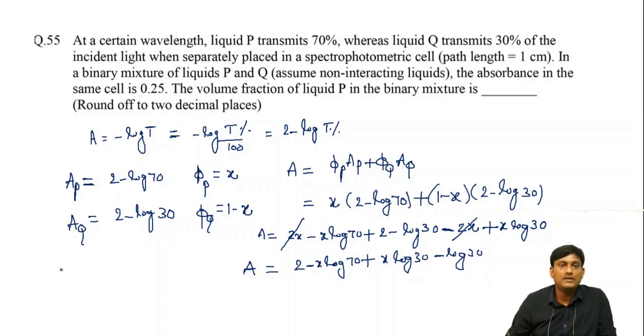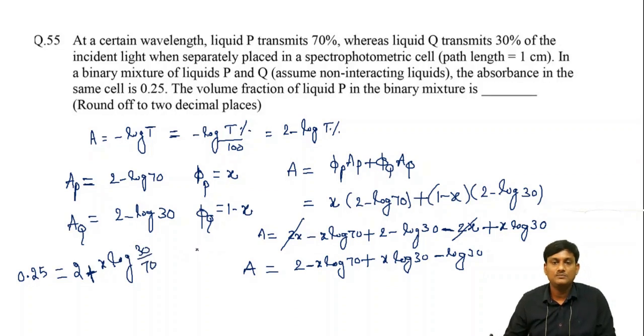Here A is given. What is the A value? 0.25. So 0.25 is equal to 2, and x log 30 minus x log 70 can be written as x into log of 30 by 70, minus log 30.